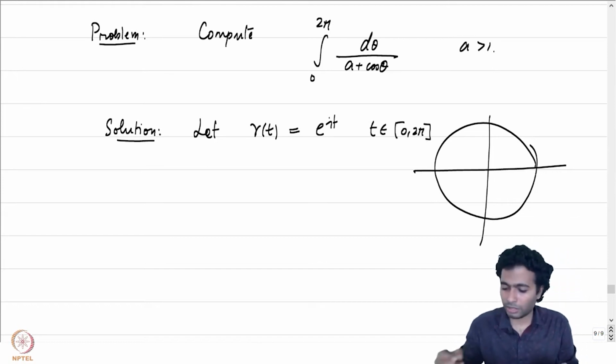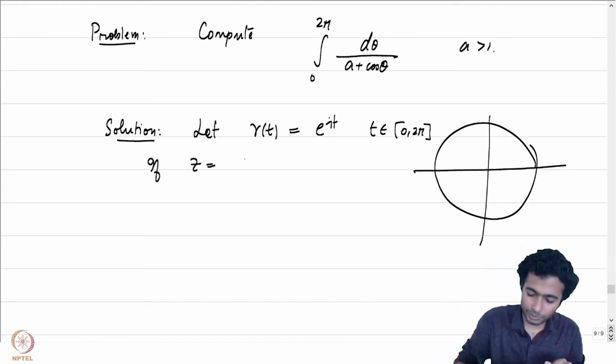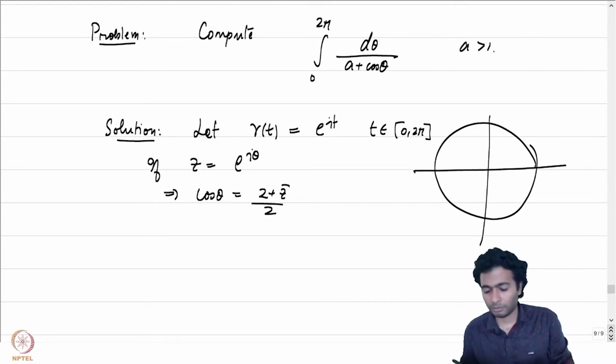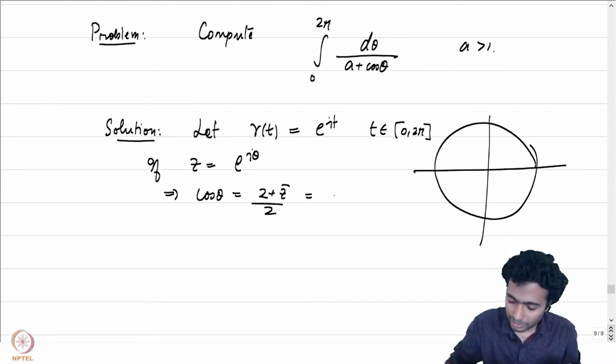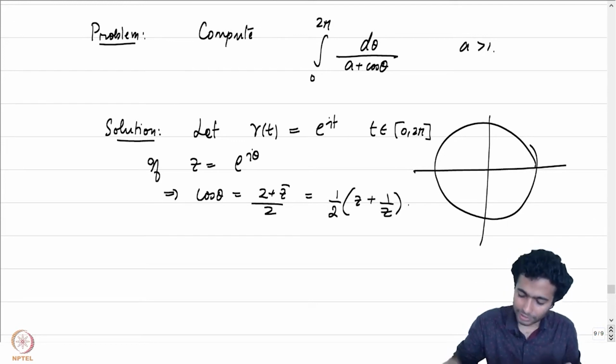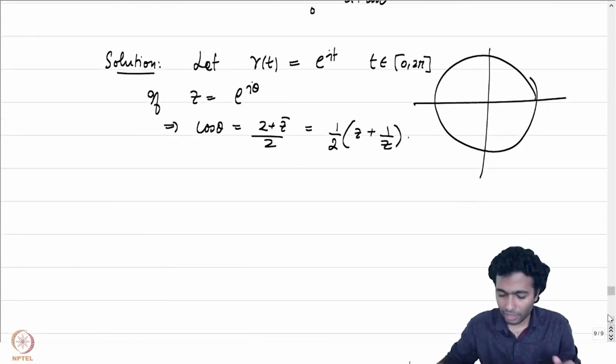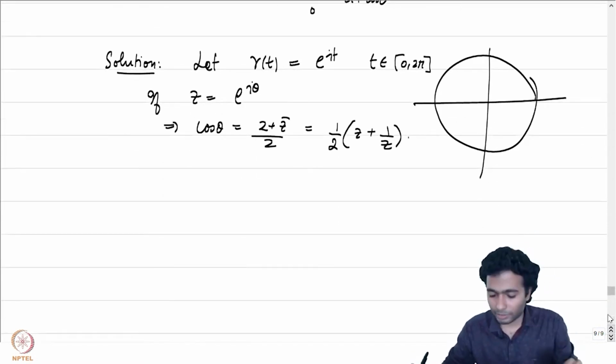On the unit circle, if z is equal to e to the power i theta, then cos theta is equal to z plus z bar by 2. But we know that on the unit circle z bar is equal to 1 by z, so I will just write this as z plus 1 by z. So, the cos theta in the denominator can be written in terms of z plus 1 by z. When the right time comes, we will go back to that.